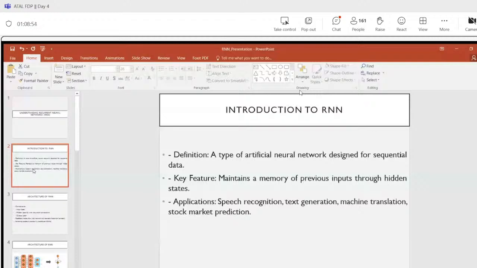It is not like image or speech or any type of numerical data or classification problems, clustering, or any type of things. This particular neural network will be designed for sequential data.